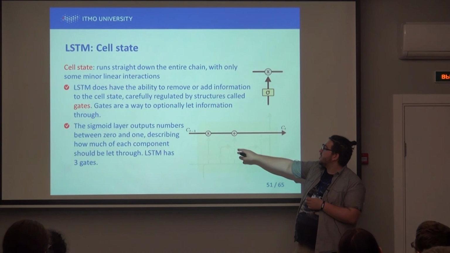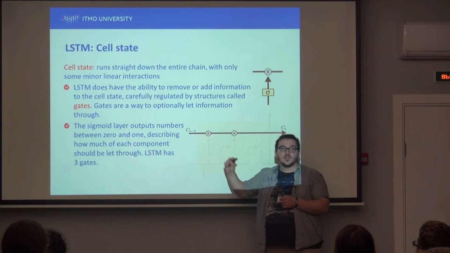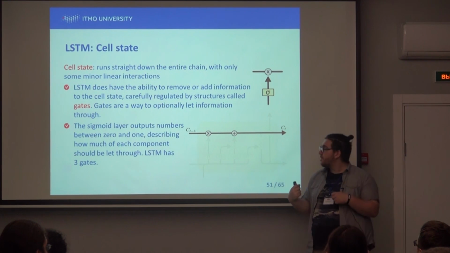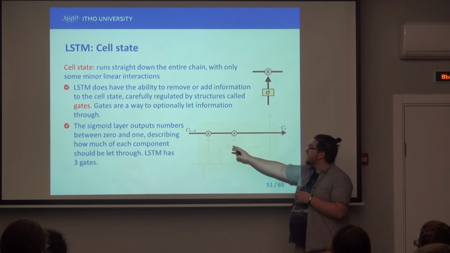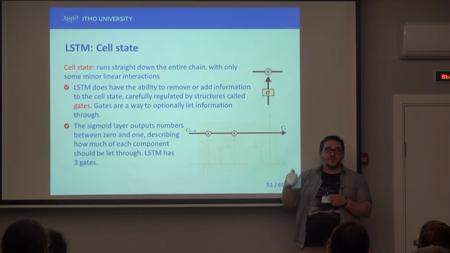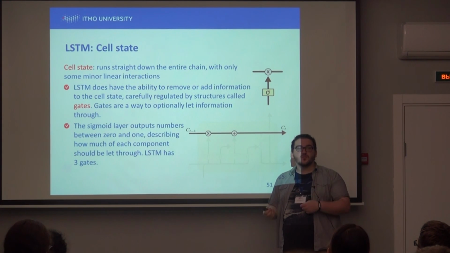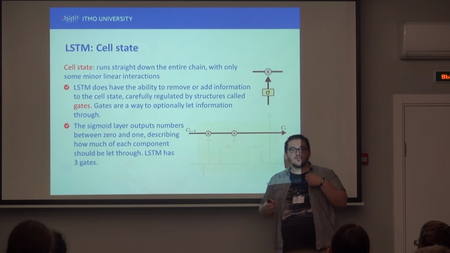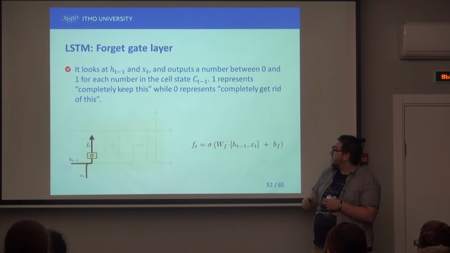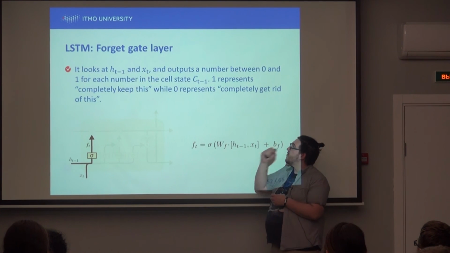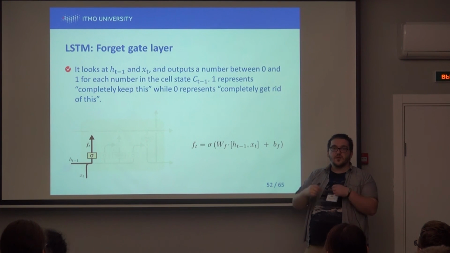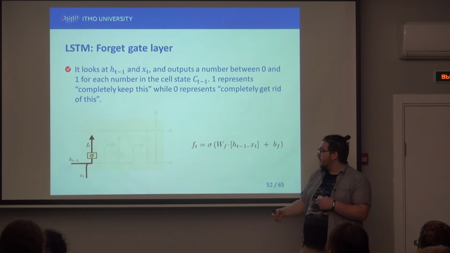So first of all, it has cell state. Cell state contains a vector which represents our knowledge about the past. This cell state is affected by different gates, which represent the information we want to put into our memories. So first of all, we have a forget gate, which tells us what we want to forget in our memory.